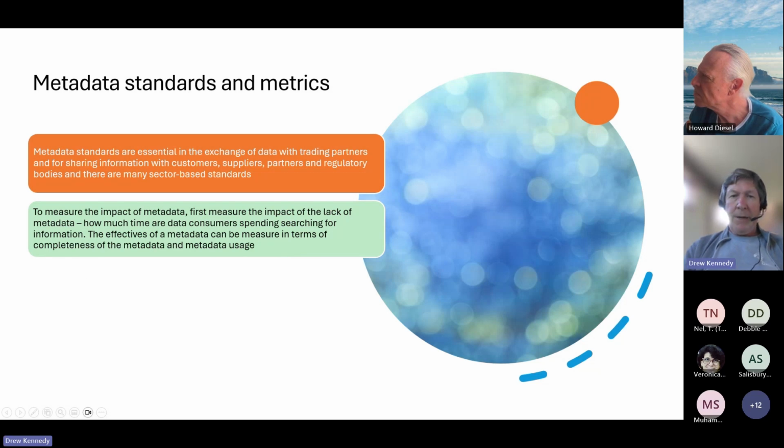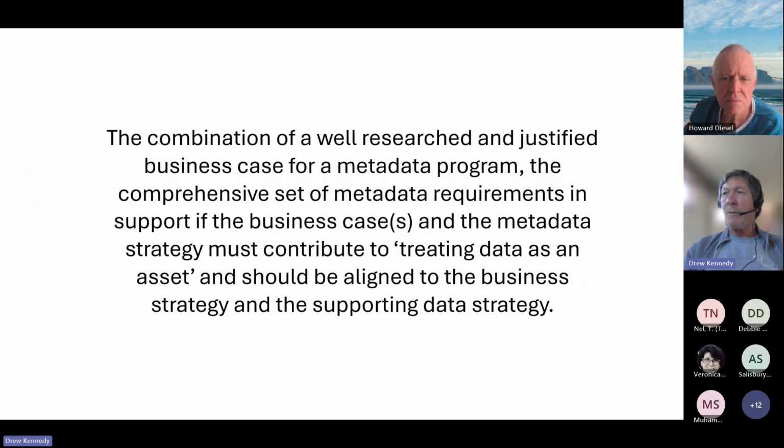And then, in summary, I'm saying that the combination of a well-researched and justified business case for a metadata program, aligned with a comprehensive set of metadata requirements in support of those business cases, and the metadata strategy should be aligned and should support your business strategy and your data strategy.